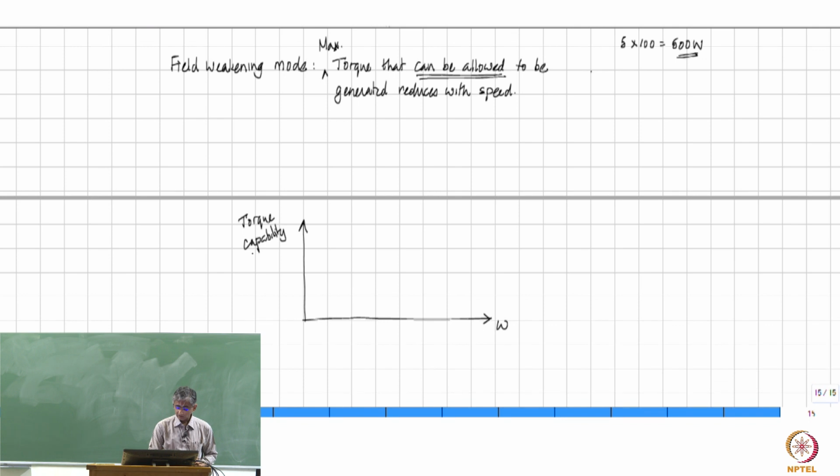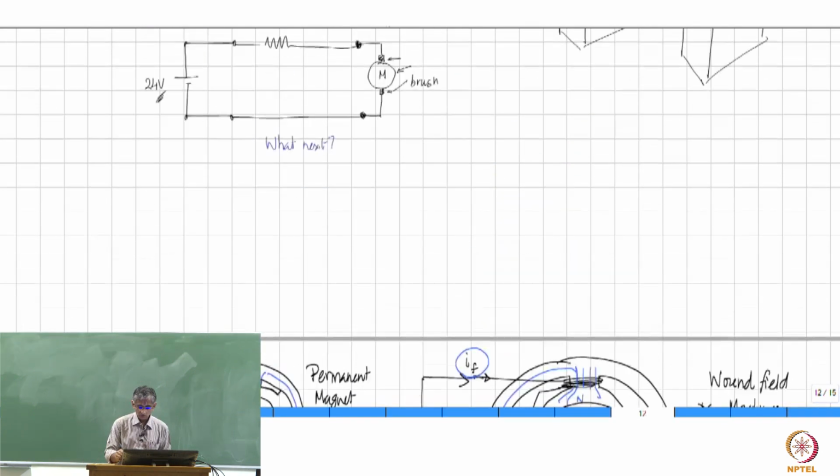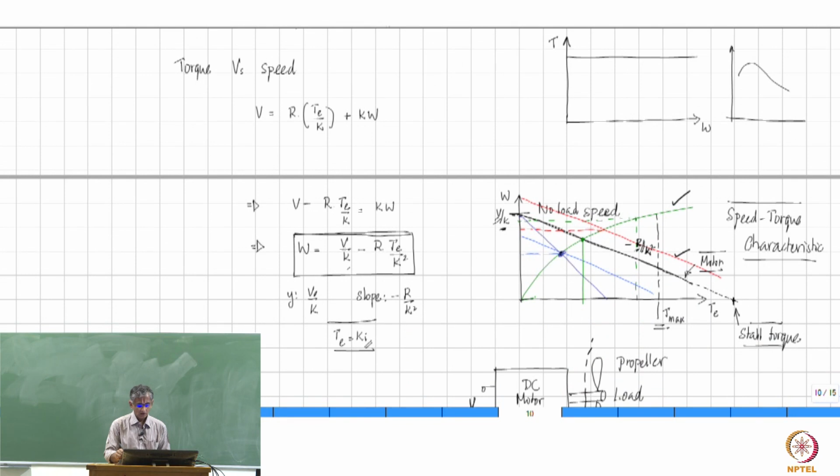Note that it is torque ability, how much you can allow to be generated. The earlier graph that we drew speaks about what is the torque that will be generated for a particular value of speed when you apply a certain voltage to it, right?